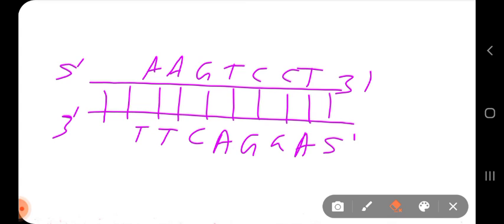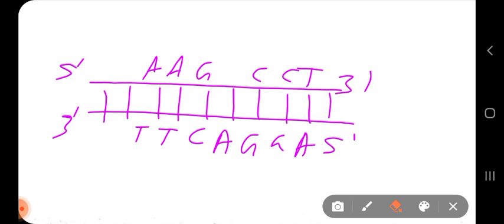Suppose I have deleted this region. And what will happen if this region is deleted? Due to this change, the base pairs are now changed.